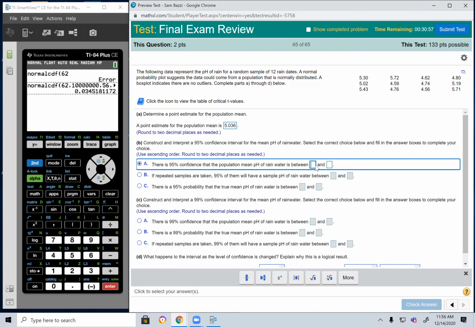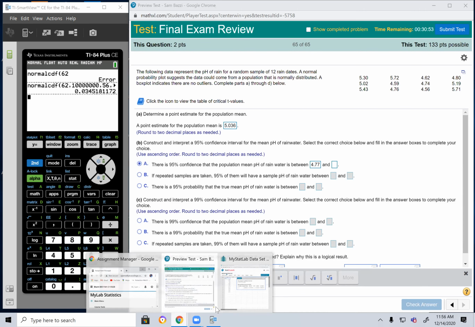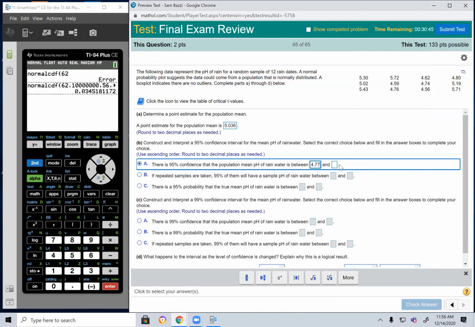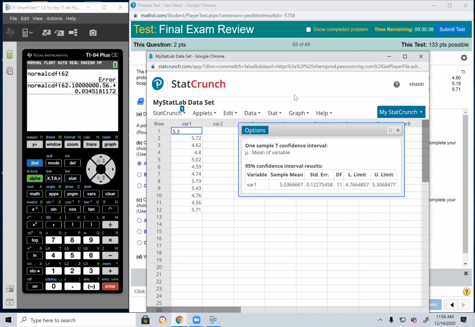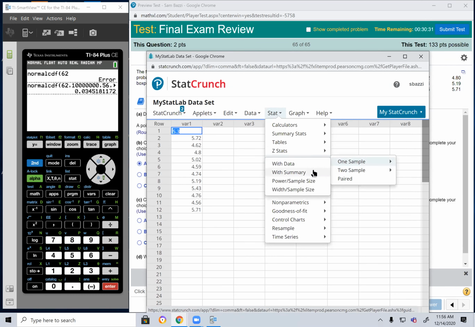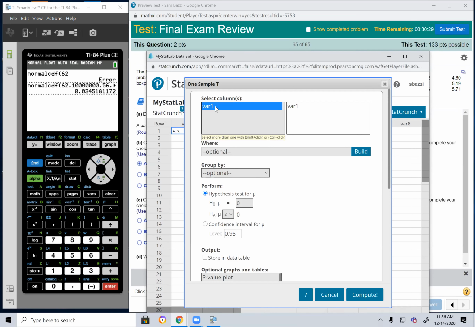There is a 95% interval, okay, 4.77 and 5.31. Now to find a 99% confidence interval, look, guys, what you do. Close this, go to Stat, T stats, one sample with data, variable 1, and change the 95 to 99.